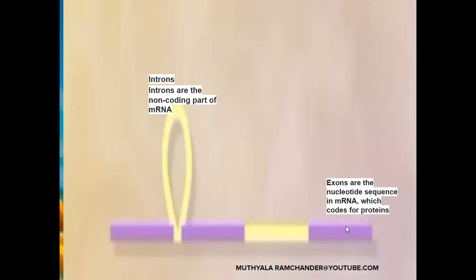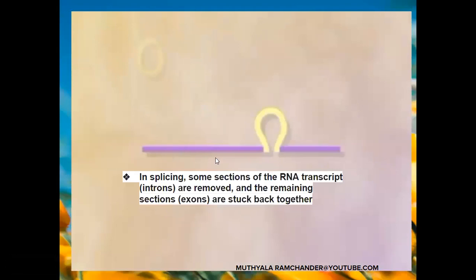Exons are the coding part of mRNA. By the splicing process, the wanted material, the exons, are joined and introns are eliminated from the heterogeneous mRNA. So heterogeneous mRNA develops into mature mRNA, which contains only exon portions.